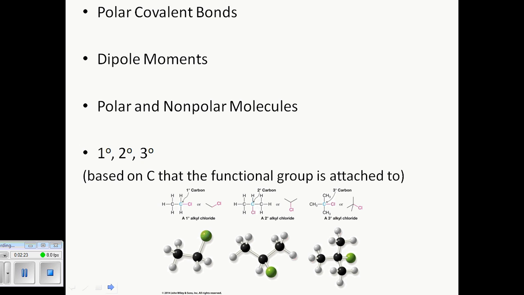Now that we start seeing these functional groups in molecules, next is how they interact with each other. We have different types of interactions, and in Chapter 1 we talked about compounds that were ionically bonded. Now we're going to dig a little deeper. When there's a difference in electronegativity between two atoms, you're going to get a polar covalent bond.